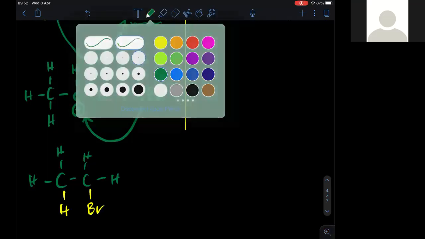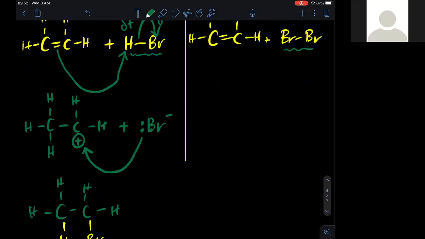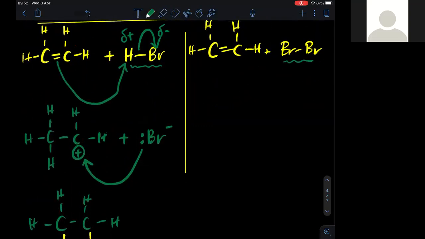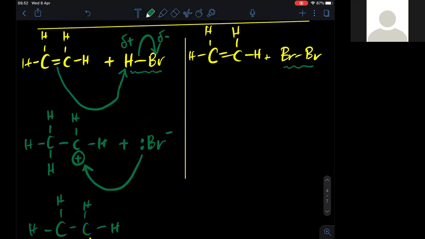If I write it this way, you are going to have H and then Br over here. Now, the mechanism of the reaction for Br2 is going to be slightly different. Why? Because Br and Br have the same electronegativity. When they come near to this molecule, the lot of electrons over here will make the electrons in Br2 go towards one side further away, because electron and electron repel.